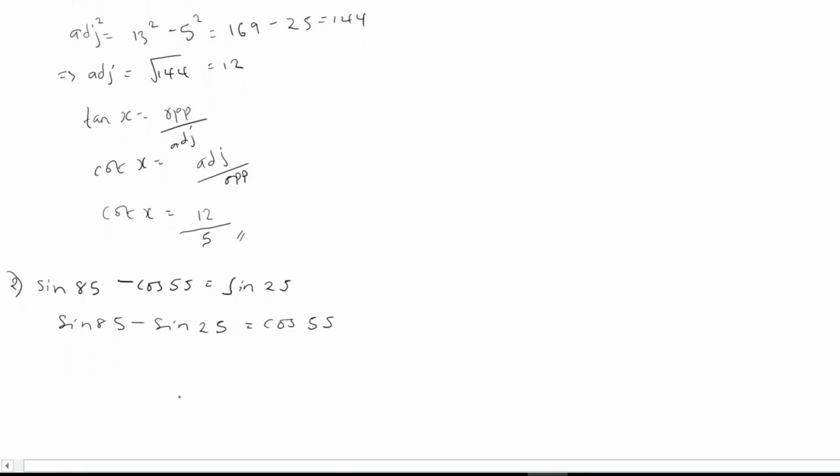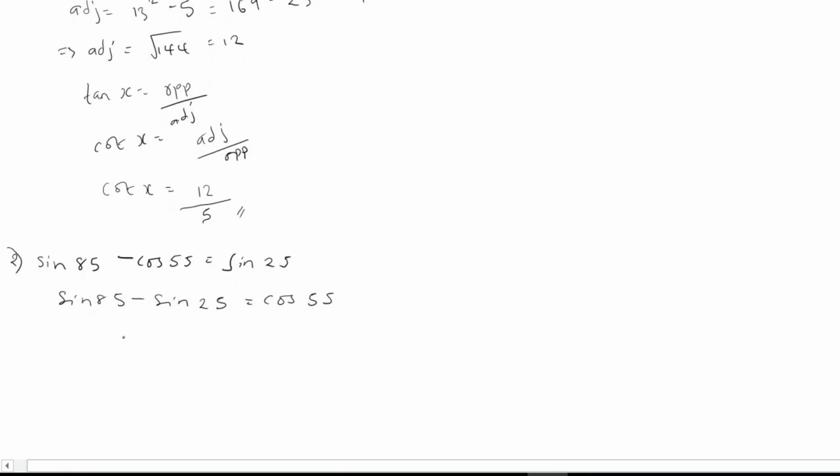Now when you have sines of different angles or cosines of different angles in a relation, you can express the values attached to the sine in terms of the addition or subtraction of some individual angles. You can say, for example, alpha plus beta equal to 85.